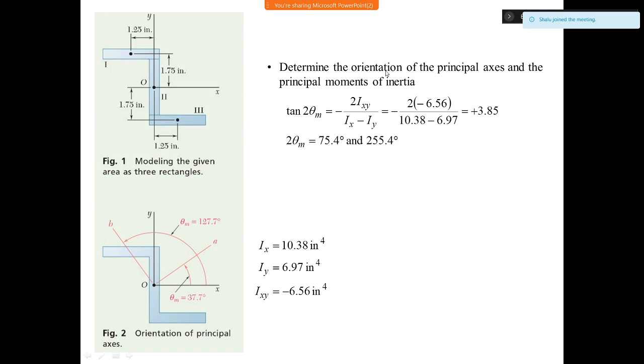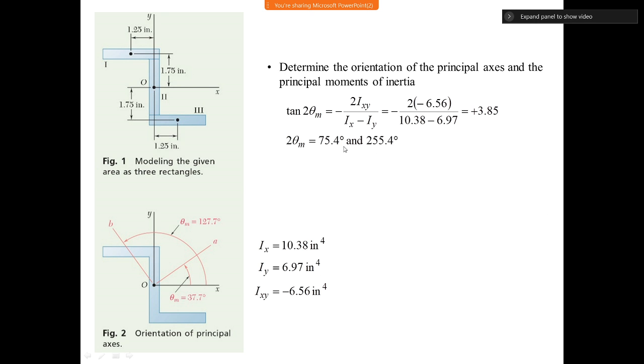So to determine the orientation of the principal axis and the principal moment of inertia, the principal axis direction is given by theta m, 2 theta m equal to 74.4 degrees and 255 degrees.